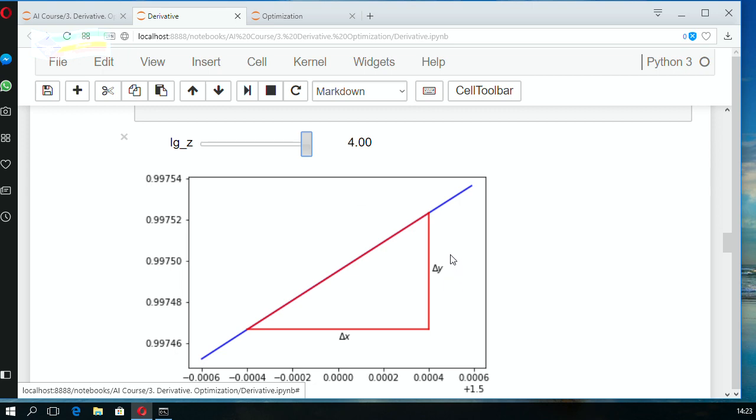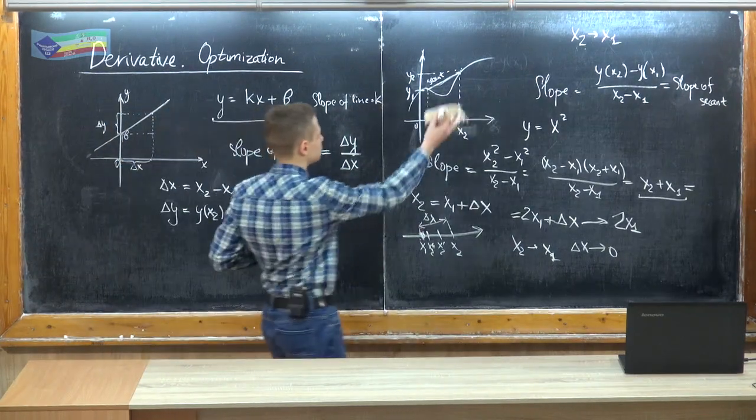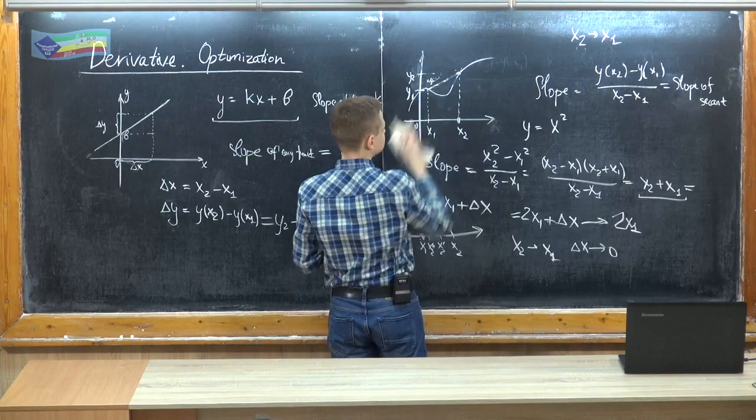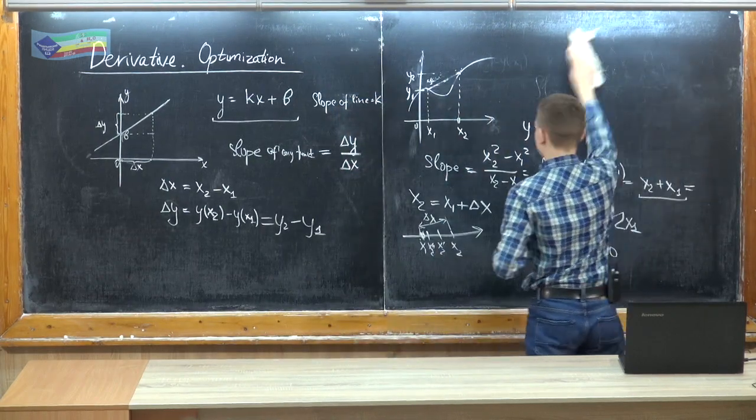And now we can calculate the actual slope of the function, or slope of our tangent, by dividing delta y by delta x. So we can draw the same on the blackboard.